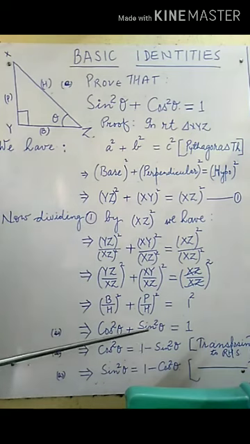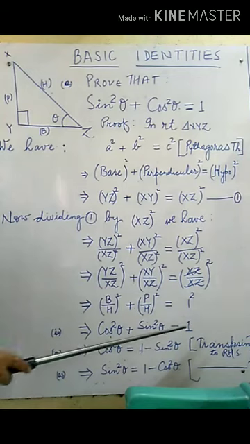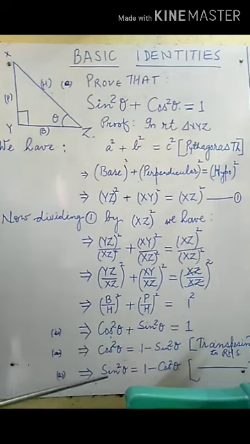This sine square theta will take first place and cos square theta second place, so it becomes sine square theta plus cos square theta equals 1. This is one of the first basic identities. We have 3 basic identities, and we have proved the first one.